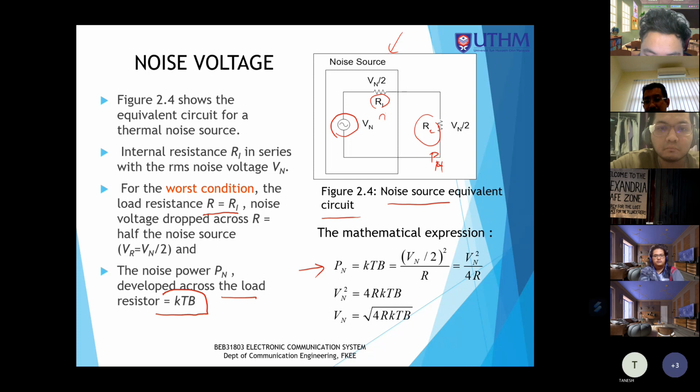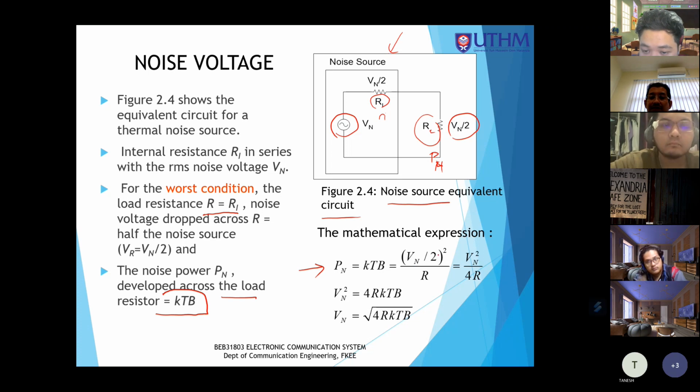Okay, yang mana Vn over 2, so this is Vn over 2 yang ini. Okay, kenapa Vn over 2? Kerana apabila nilai R load sama dengan R internal, maka voltage pada load adalah separuh daripada voltage pada source.